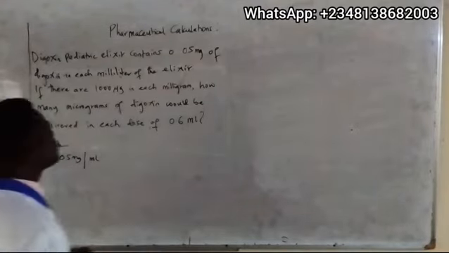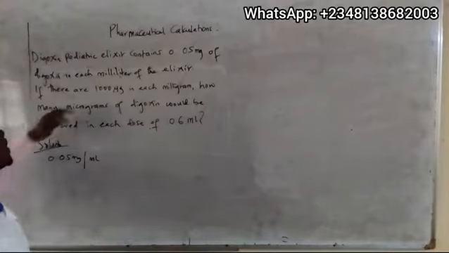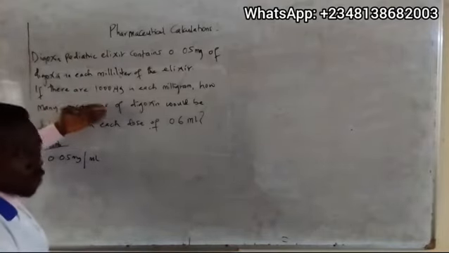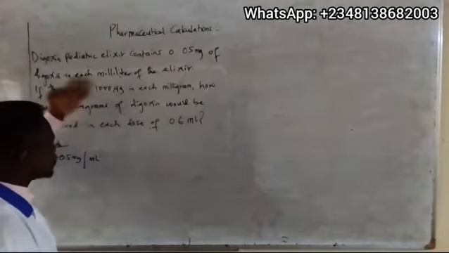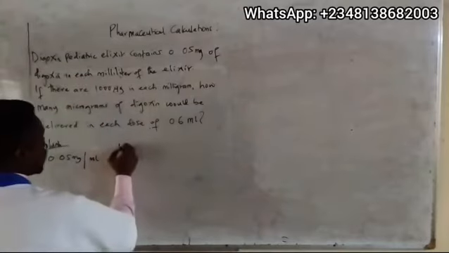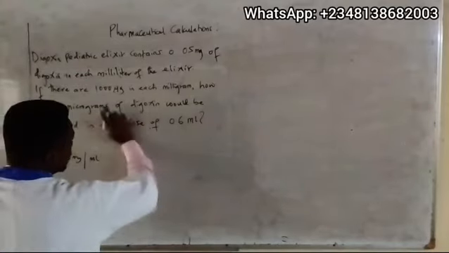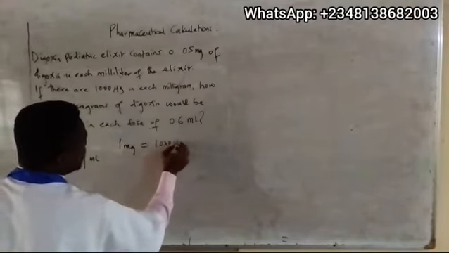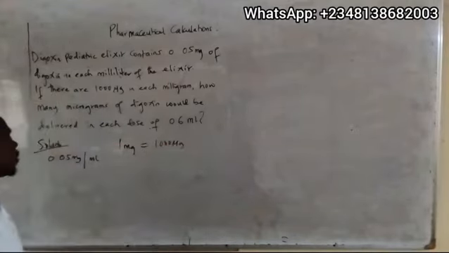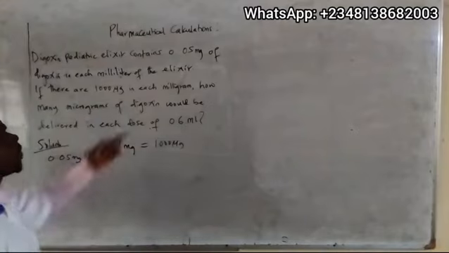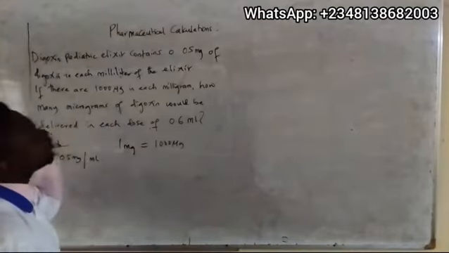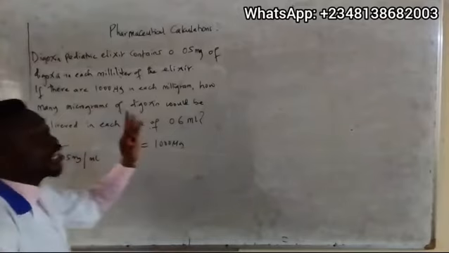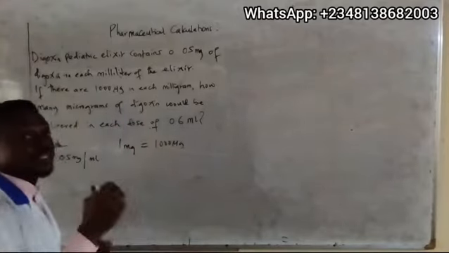Now let's continue. They now say that under normal circumstances, 1 milligram is equal to what? 1,000 microgram. We know that one already. Now, they ask how many microgram of digoxin will be delivered in each dose of 0.6 ml.